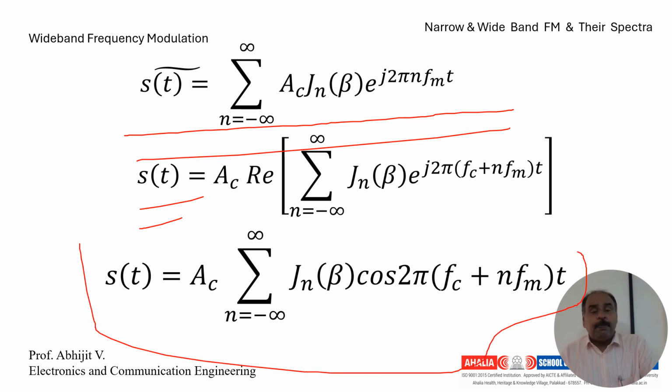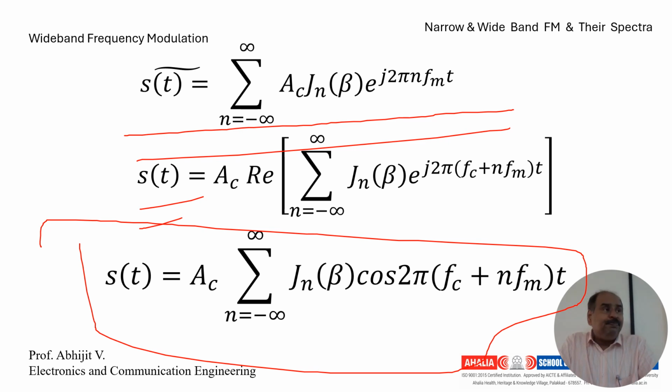On further expansion, S of t is equal to Ac times the summation from n equals minus infinity to infinity of Jn of beta cos 2 pi (fc plus n fm) t.